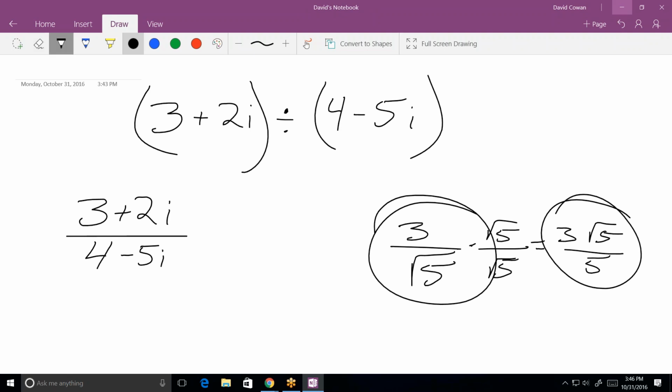Well, similar with complex numbers. The difference is that over here on the right, we cannot have an irrational number in the denominator as our answer. It goes against math convention. So you do everything you can to turn that denominator rational. And that's what we did. We multiplied it by root 5, and that turned it into a 5, which is a rational number.